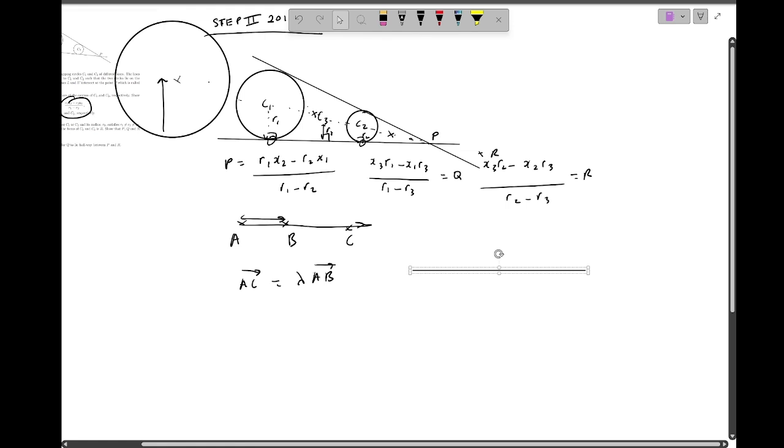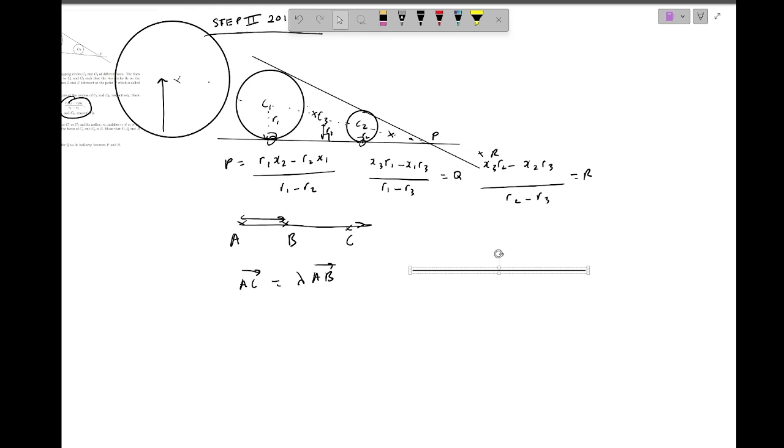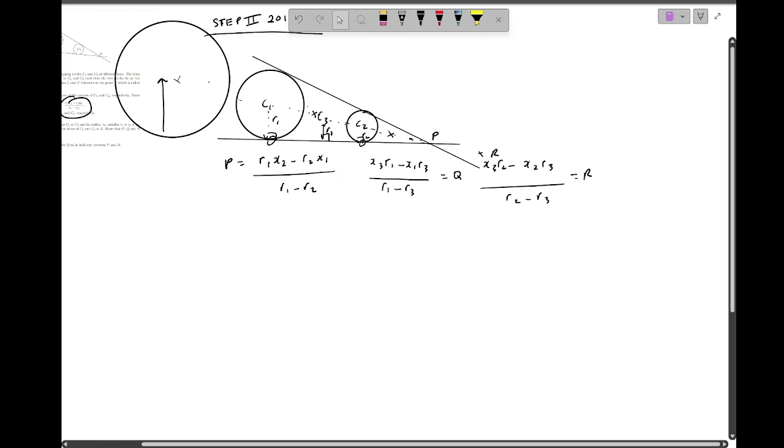And you probably know this from core pure or any sort of A-level maths. If 3 points are in a straight line, you just need to find the direction vector of 2 points relative to one of the points, and we need to show that it's a scalar constant of the other. So sorry if that's not a great explanation, but you will see what I mean when I answer the question.